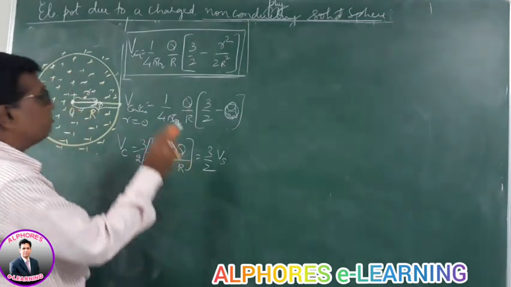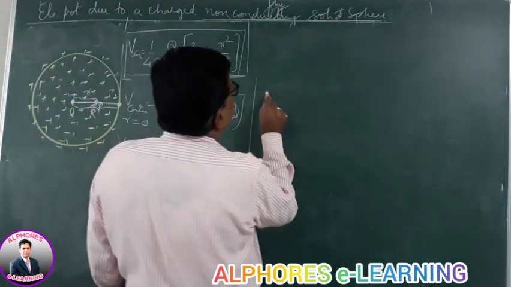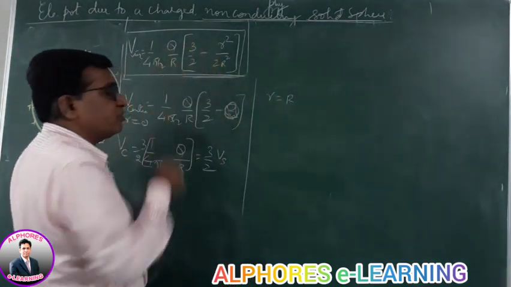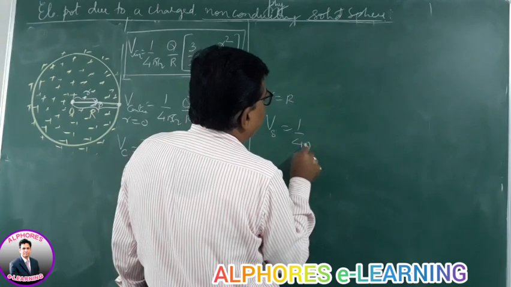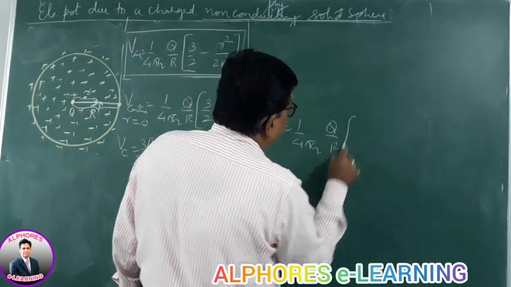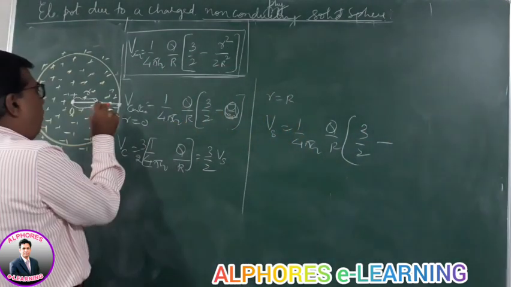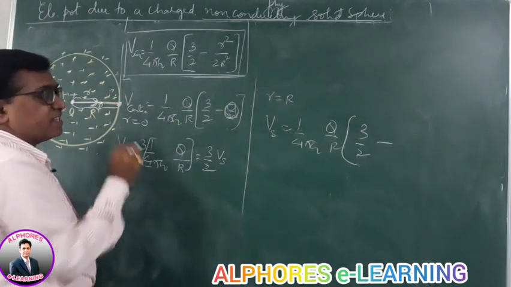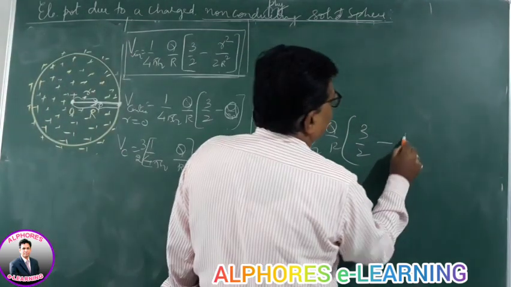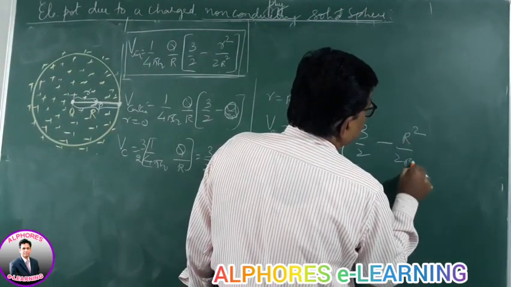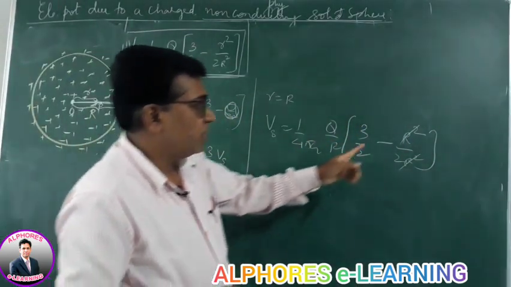Now the same formula can be used if it is on the surface point. On the surface, we know small r is equal to capital R, so we substitute small r equal to capital R. So on the surface point, it's 1 by 4 pi epsilon naught q by R bracket, 3 by 2 minus, now we are taking the point on the surface, so the distance of the point is capital R. So substitute small r as capital R, R square by 2 R square, it's 1 by 2.